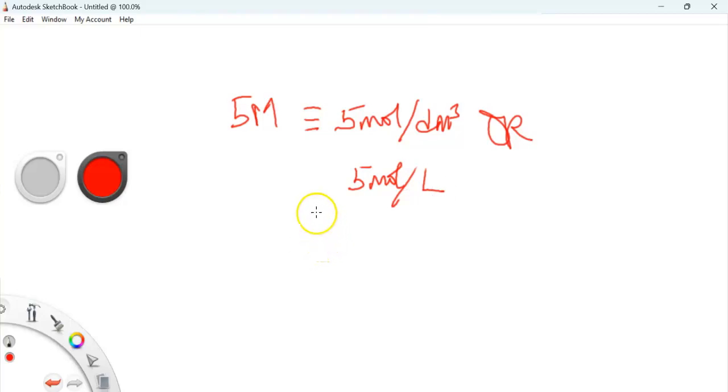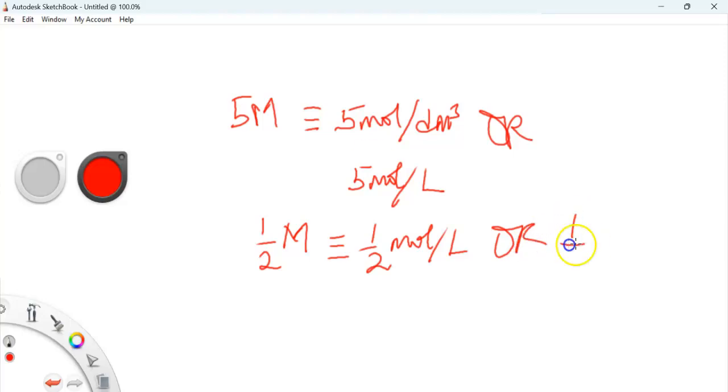Then in any situation whereby you are given 1/2 molar, just know that this is equivalent to saying 1/2 mole per liter or 1/2 mole per dm³.